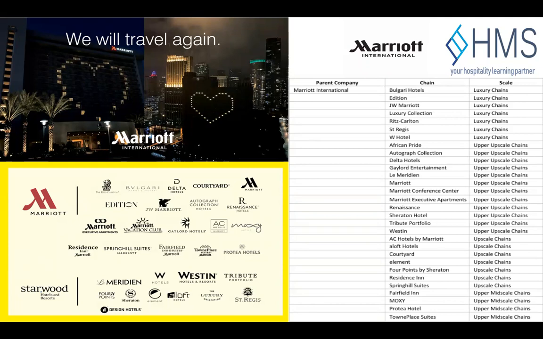Then there are upscale chains such as the Courtyard and AC Hotels by Marriott. Then there are upper mid scales such as the Fairfield Inn, Moxy, Protea and TownePlace Suites, etc. These are all different scales, but it's all under the Marriott umbrella. Then we have mid-scale hotels, and we also have the independent.